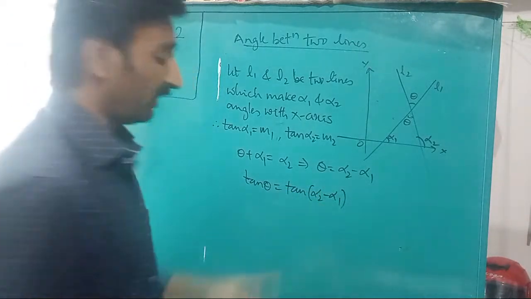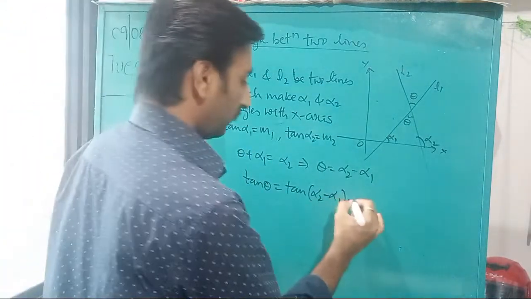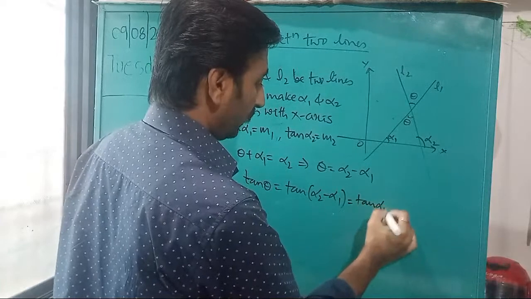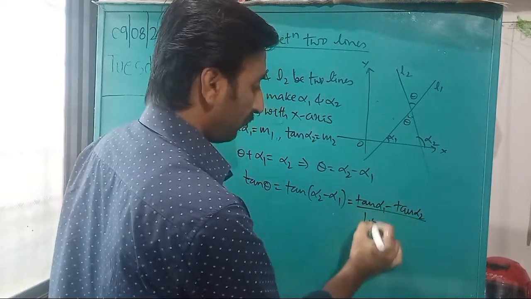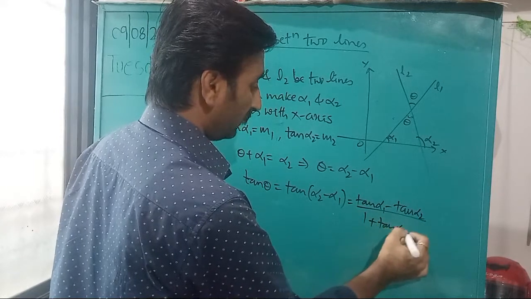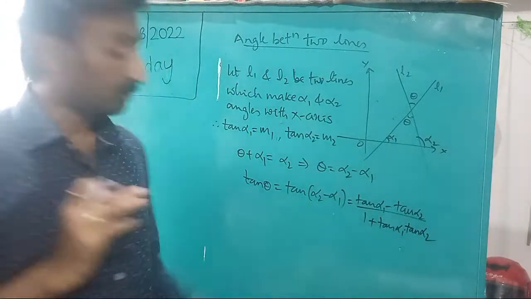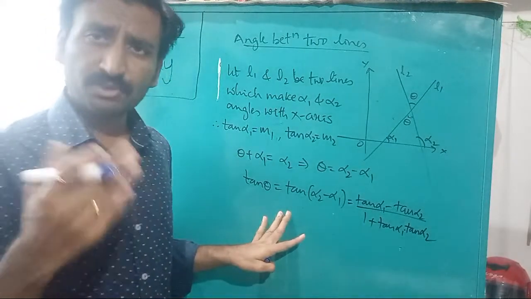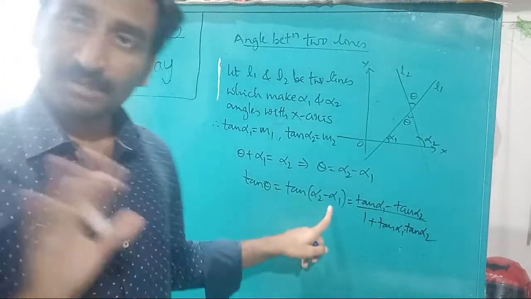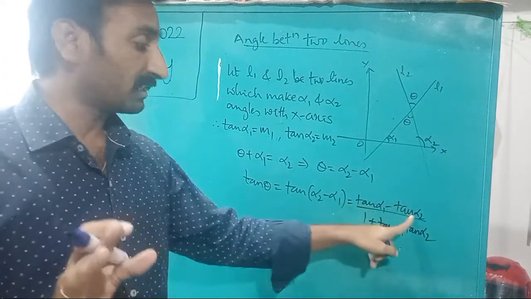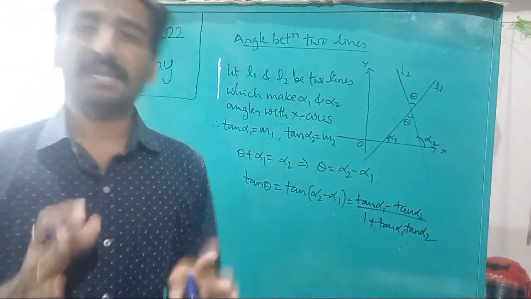What is its value? What is the value of tan a minus tan b? tan alpha 1 minus tan alpha 2 by 1 plus tan alpha 1 into tan alpha 2. This is simply the formula you have read in trigonometry: tan of a minus b is tan a minus tan b by 1 plus tan a into tan b. If trigonometry is already completed then no issue.